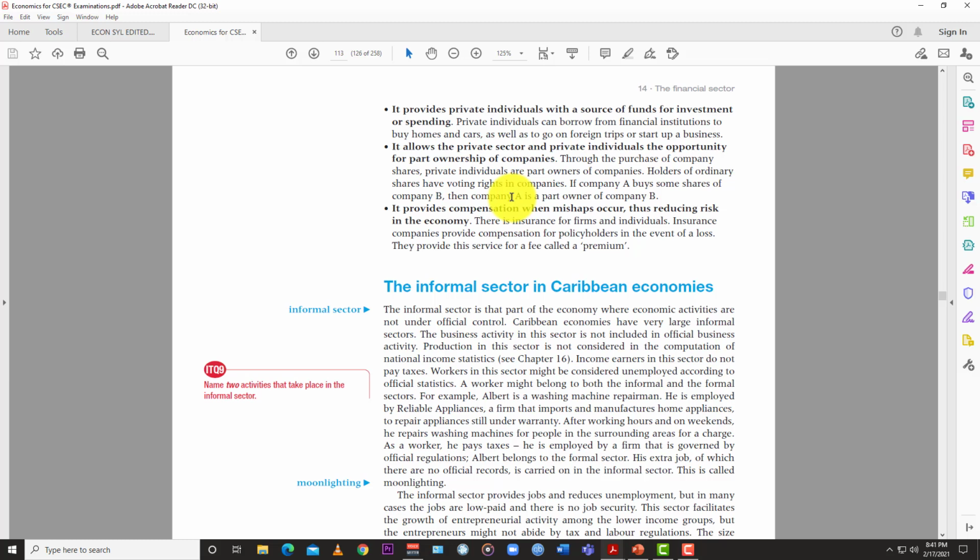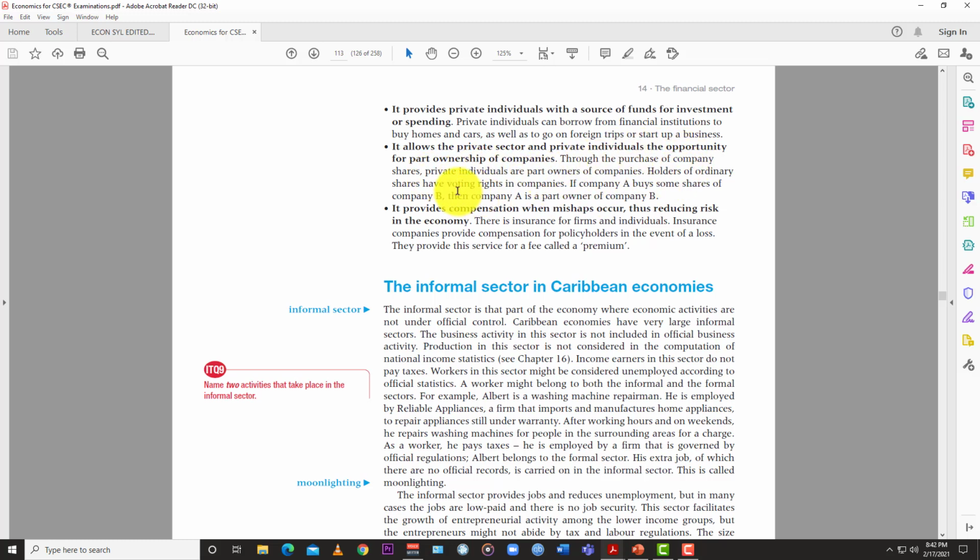So you go, get some monies to buy a car. So they facilitate the obtaining of financing for the government, businesses, and private individuals.